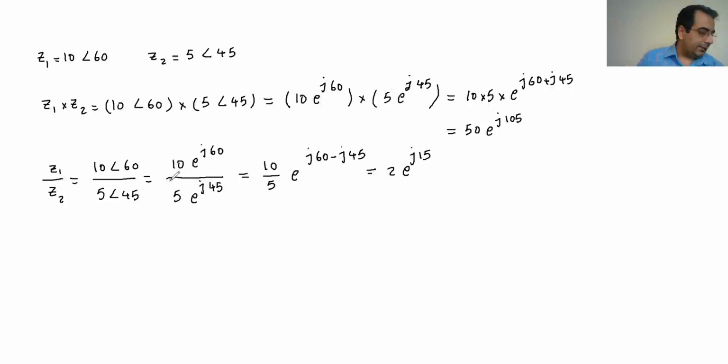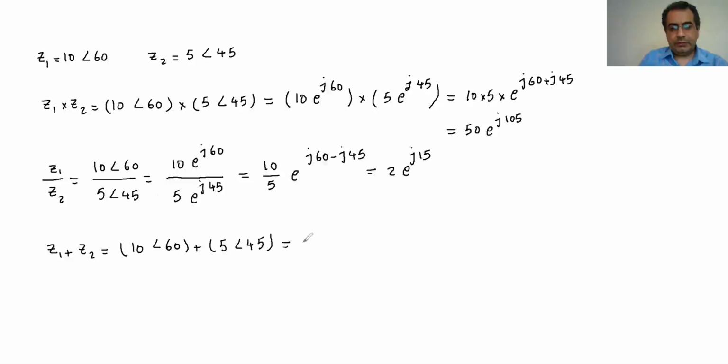If you want to add or subtract, again, it's much easier to do it in the rectangular format, as I said. So again, if I want to add z1 plus z2, I would say that what I have is going to be 10 with angle of 60 plus 5 with angle of 45. And it's not easy to do it this way, so I'm going to convert each of them to rectangular format.